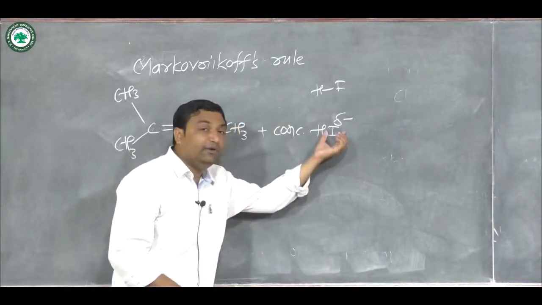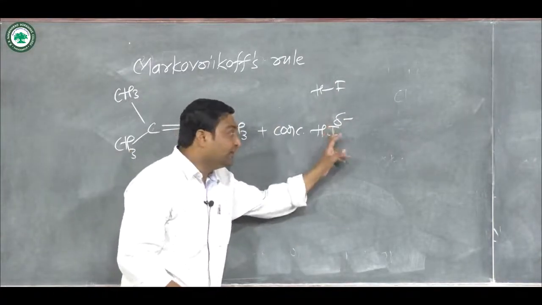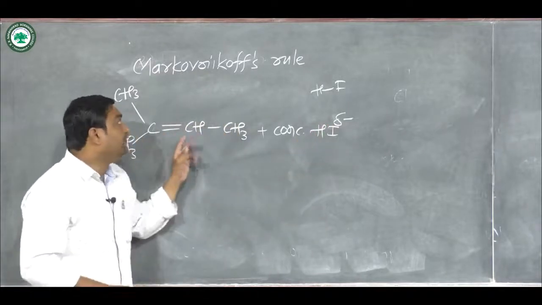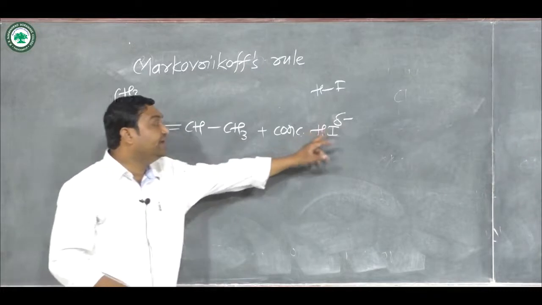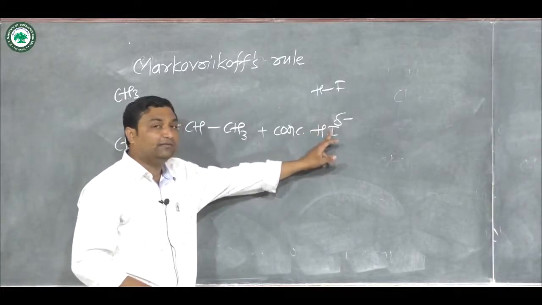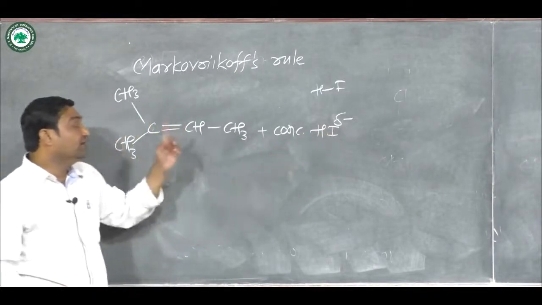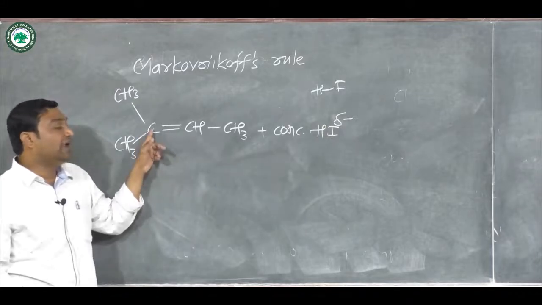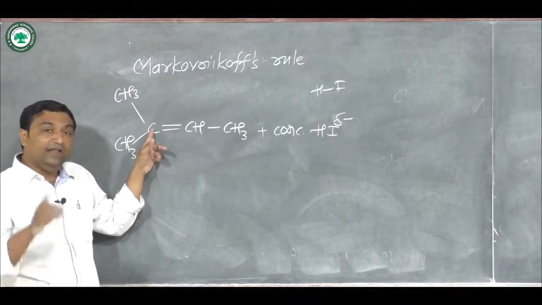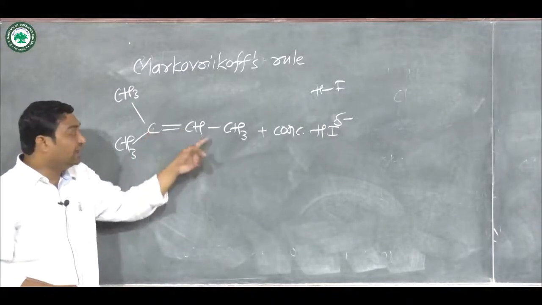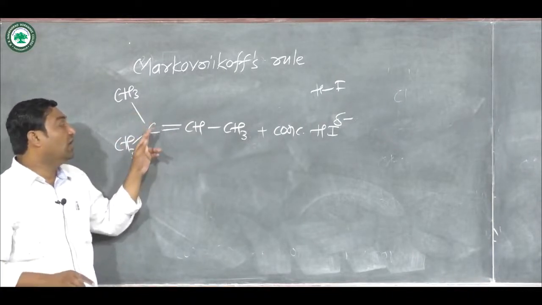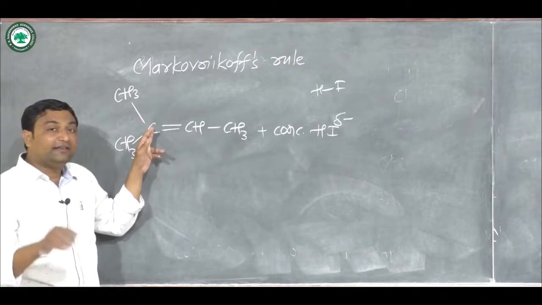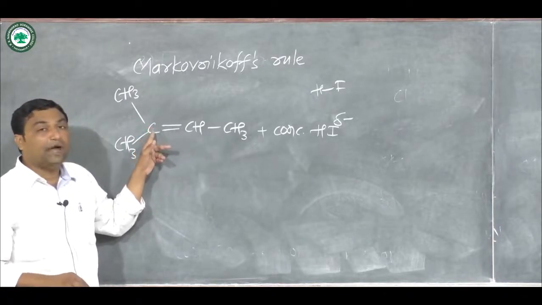Now this negatively charged iodine atom tends to attack, on the basis of Markovnikov's rule, that carbon atom which carries less number of hydrogen. Here, in this alkene, this carbon atom is highly substituted, or has less number of hydrogen.